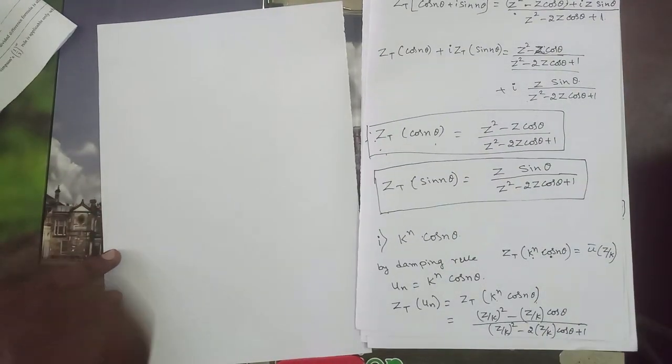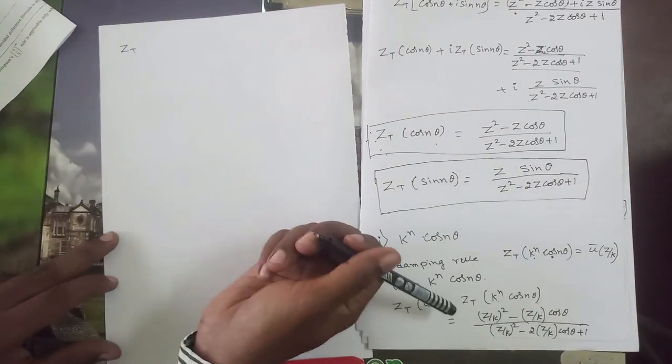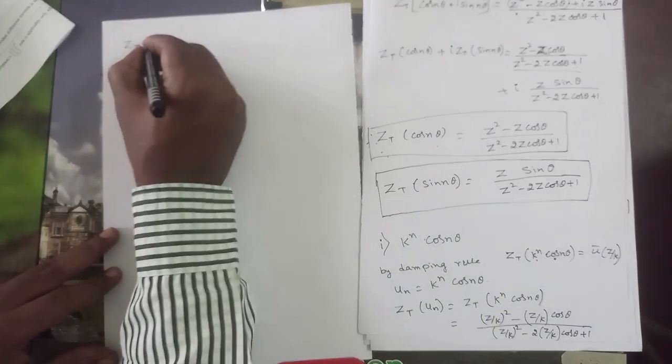If you take LCM, you will get the answer. What is u n? u n is k to the power of n into cos n theta.